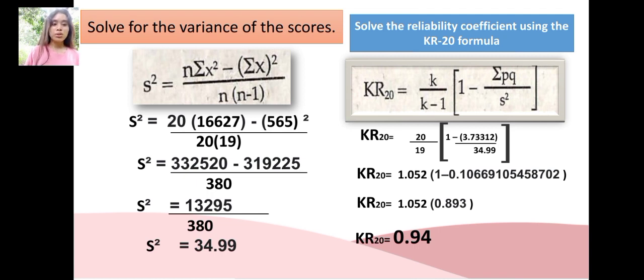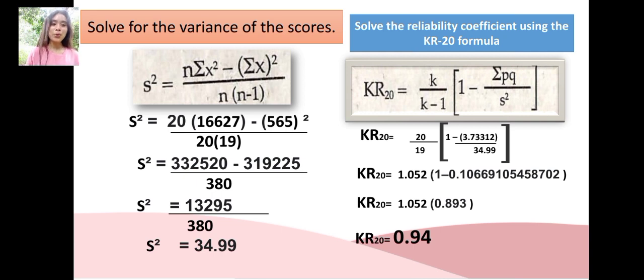So let's first divide this: 3.73312 divided by 34.99 is equal to 0.10669105458702. Okay? Are you following?